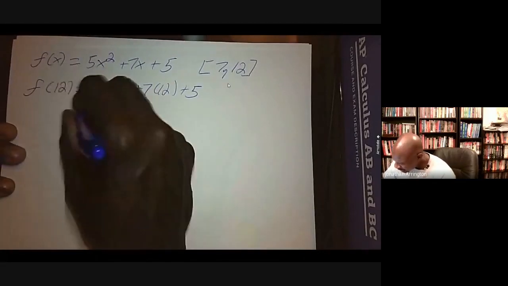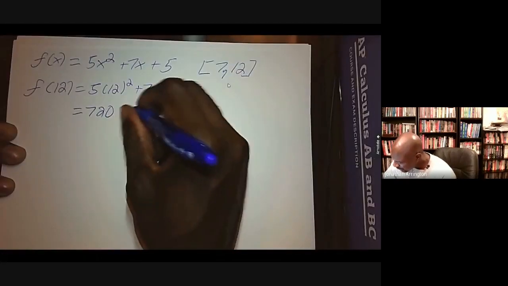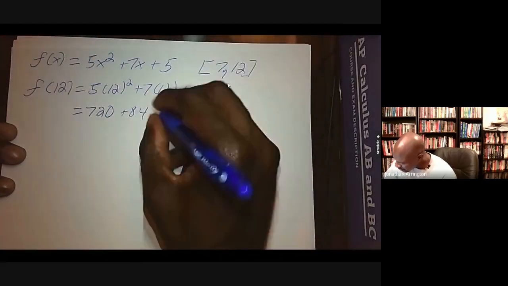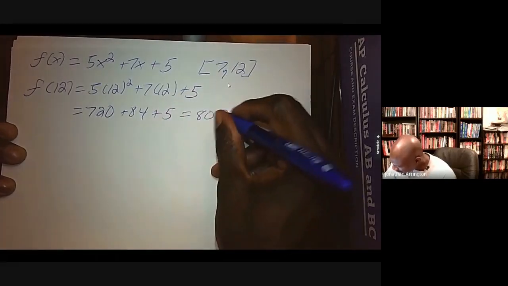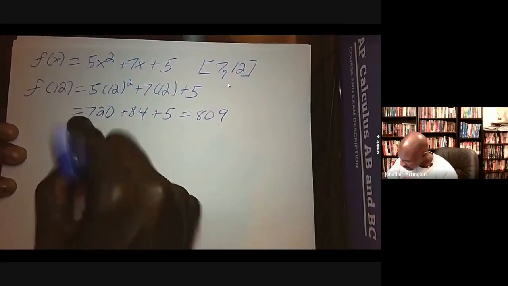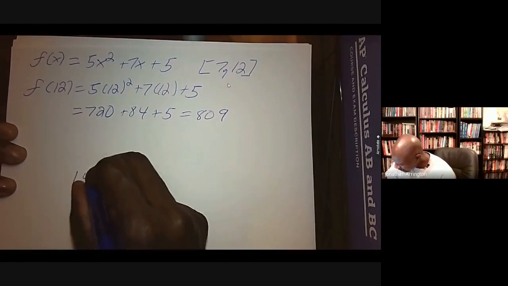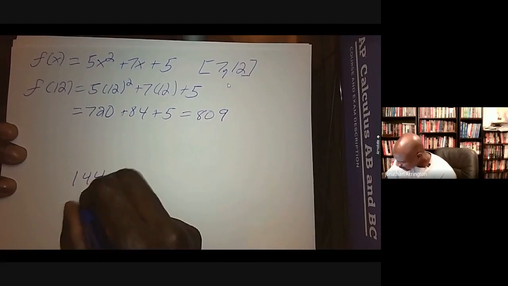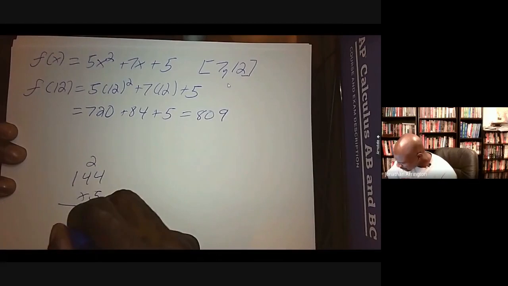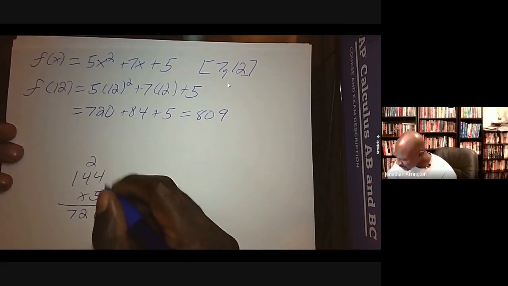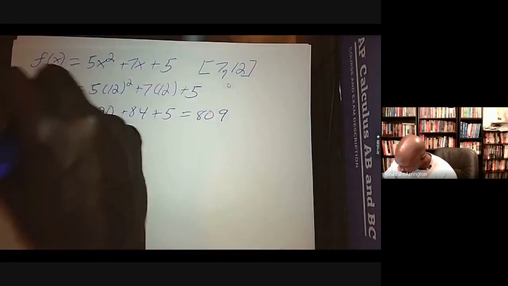So it looks like that's 720 plus 84. That's 804 plus 5. That's 809. I'm just going to verify what I did here. Not that I'm doubting myself. Sometimes you just need to verify yourself. 720, yeah, that looks good. All right, so f of 12 is 809.